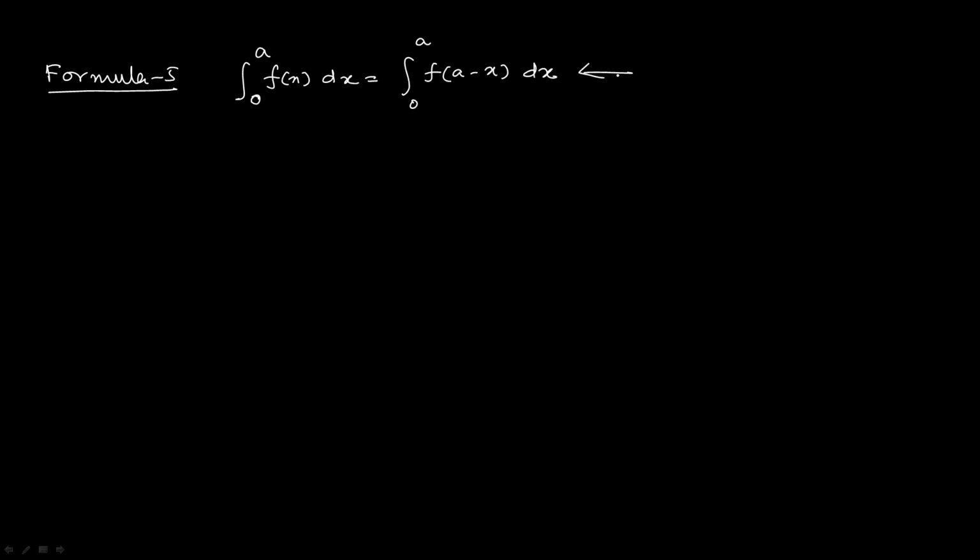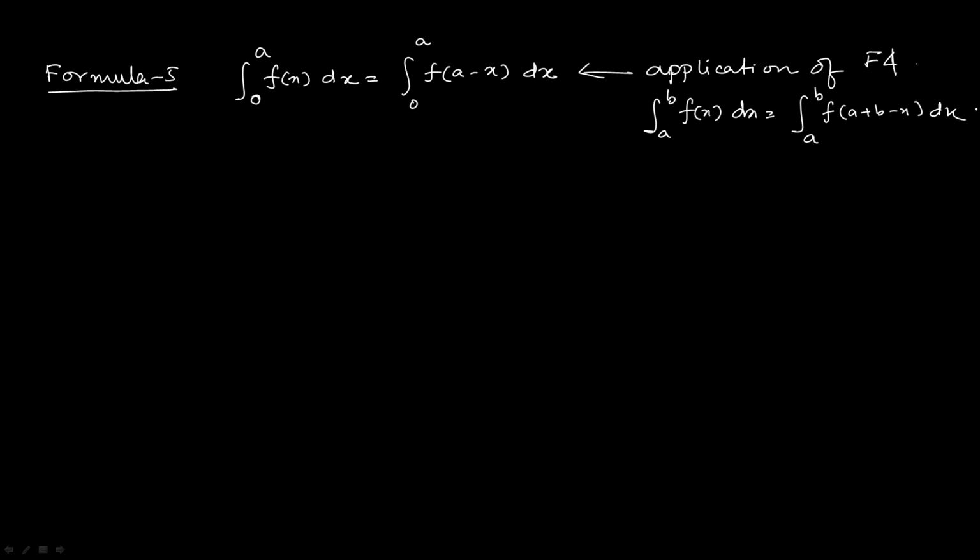This is the application of formula number 4. How? Integration a to b f(x) dx equal to integration a to b f(a plus b minus x) dx. That was formula number 4.